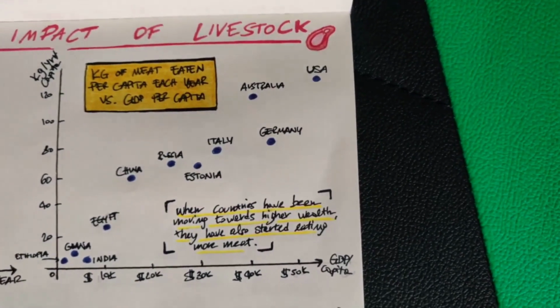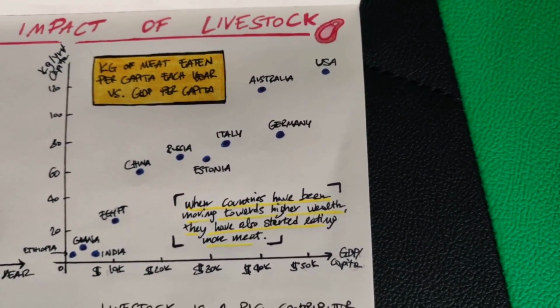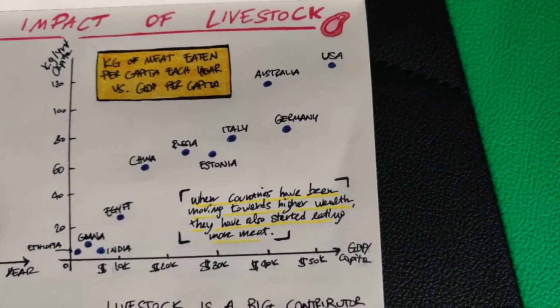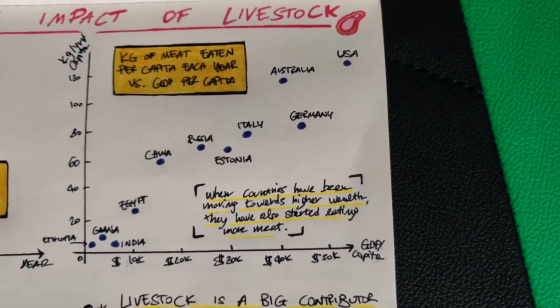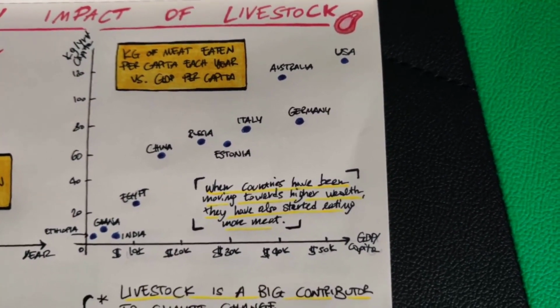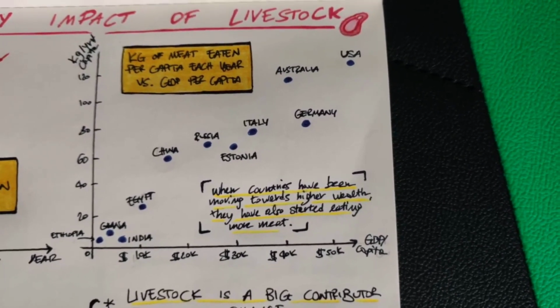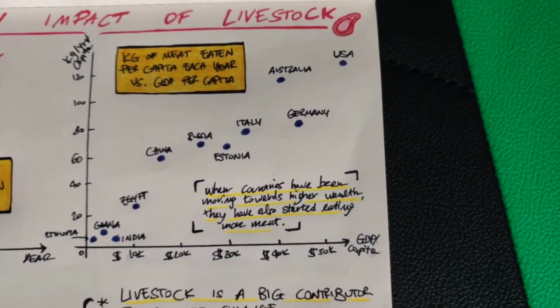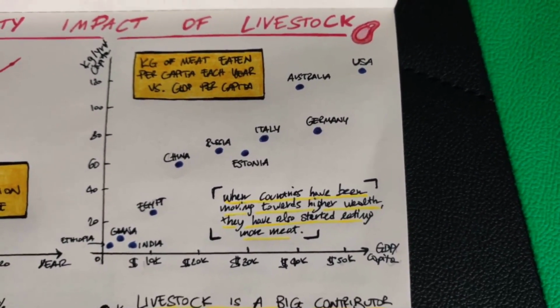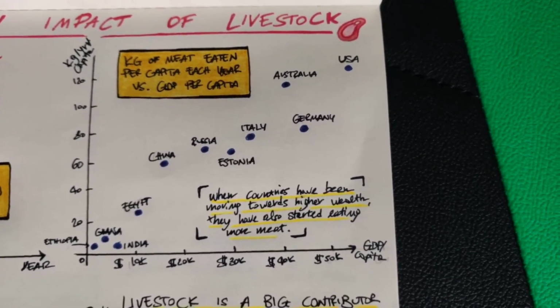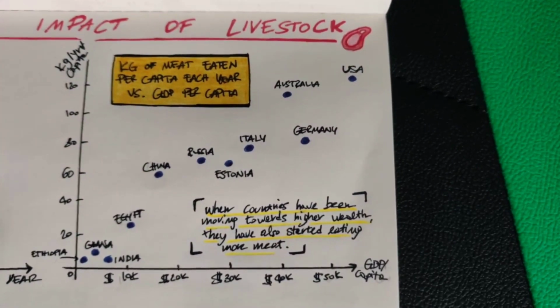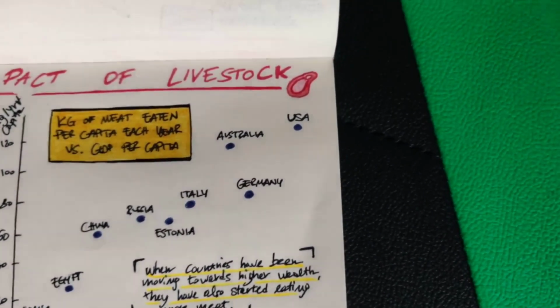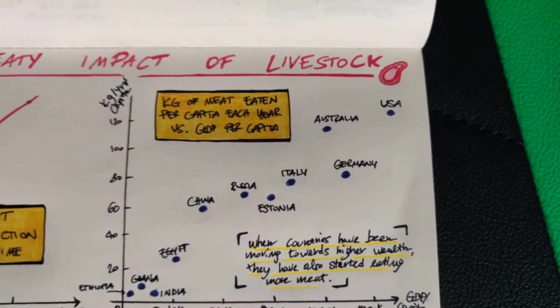And the kilograms of meat eaten per capita each year, country by country, considering a few representative countries. It doesn't report any causal relationship here, of course. This is just a scatter plot that tells you there is a correlation with GDP per capita. So the richer the countries in terms of GDP per capita, the more meat they consume.